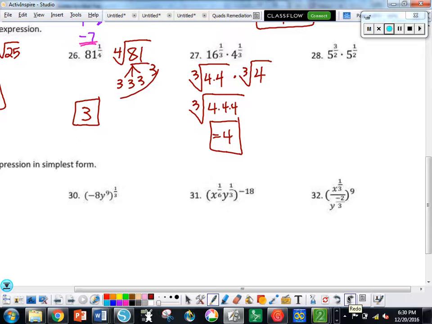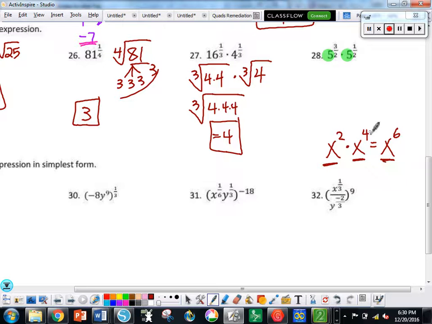And number 28. Another way to look at this is if they have the same base. That number would be the radicand. If they have the same radicand, you can add the powers. So for example, x squared times x to the 4th equals x to the 6th. Nothing happens to the x's.